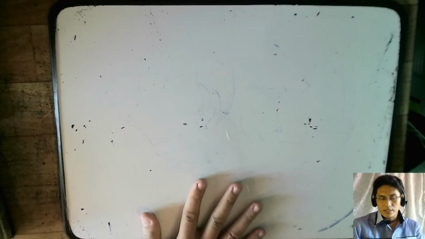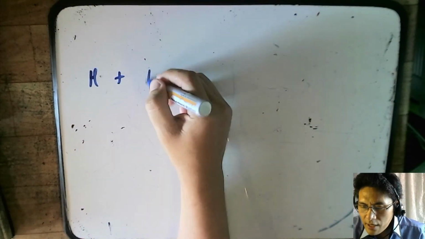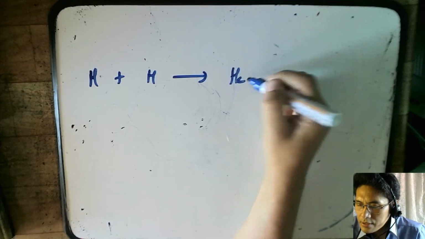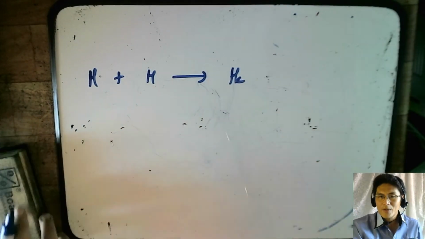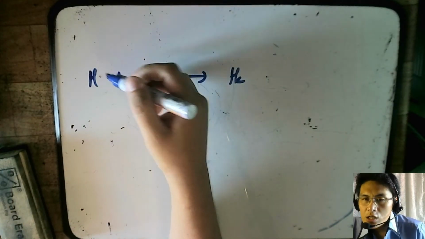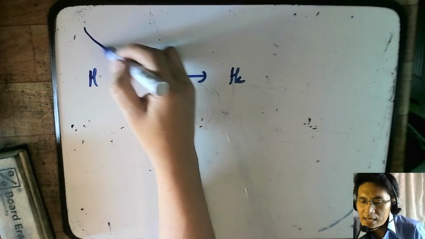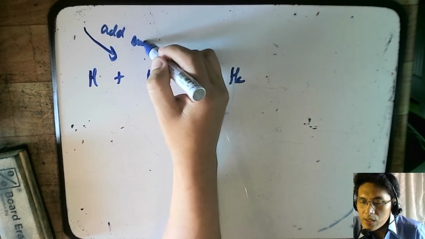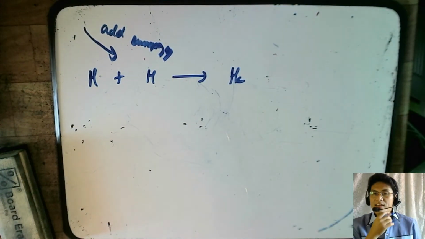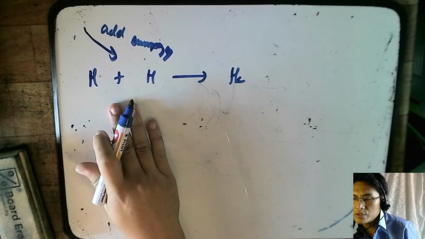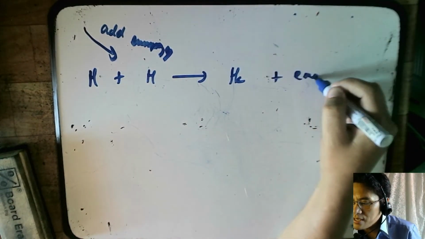So it's like this. Hydrogen plus hydrogen, you get helium, and then you get energy. But in reality, this is not really what happens. What really happens is, to fuse hydrogen and hydrogen, you add energy, right? You add energy, and then once they fuse, they also release energy.